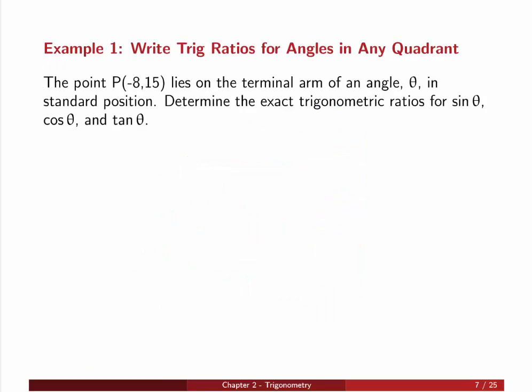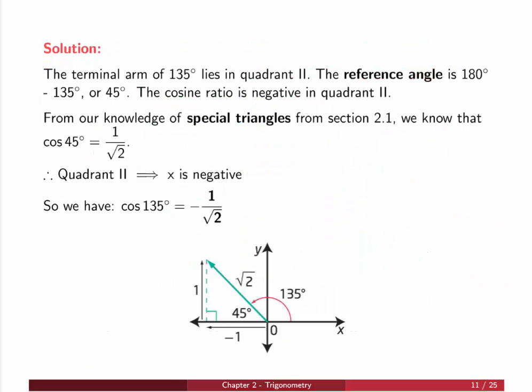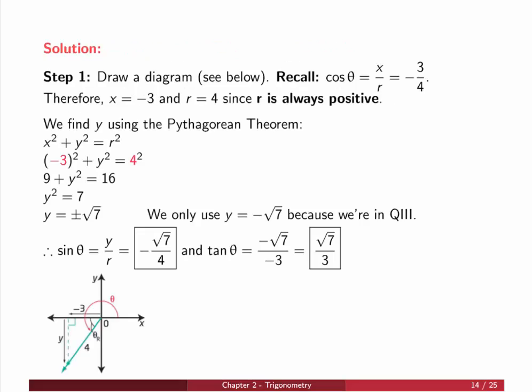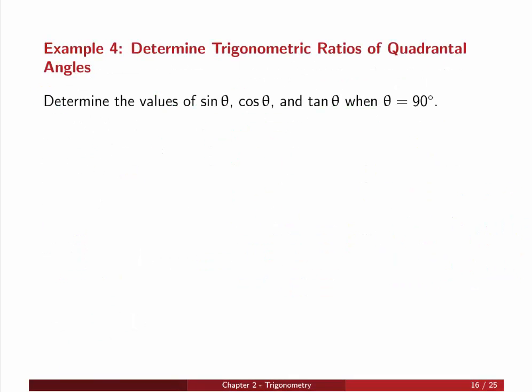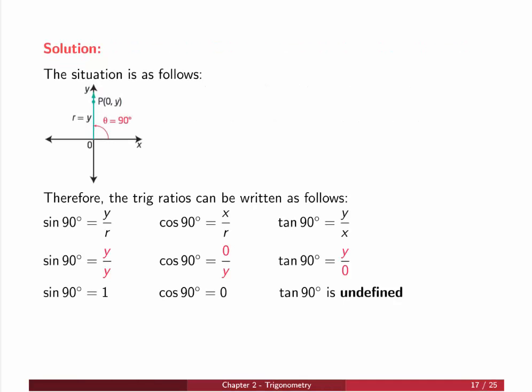We're on example 5. I skipped example 4, so maybe I'll just take a brief look at it. Example 4 was determining trig ratios of quadrantal angles. That means either at 90 degrees, 180 degrees, 270 degrees, or at 0 degrees or 360 degrees. Honestly, it's the exact same as before.